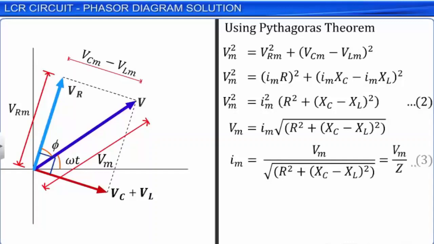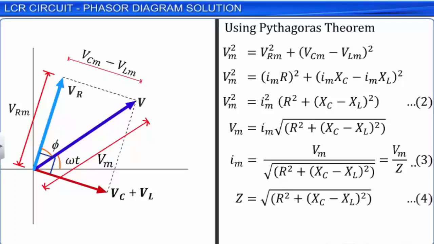Here, Z is the impedance of the LCR series AC circuit, which is analogous to resistance in a DC circuit, and is equal to under root R square plus XC minus XL square. Let this be equation 4.